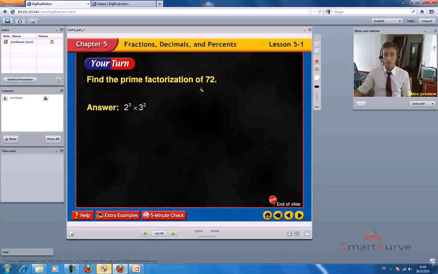Find the prime factorization of 72. Here's the answer, but we can do it the exact same way with a factor tree. 72, if we divide it in half, that gives us 2 and 36. 2 is a prime number, so we carry 2 down. 36 divided by 2 is 18, 2.